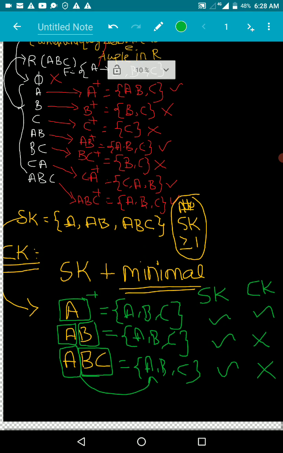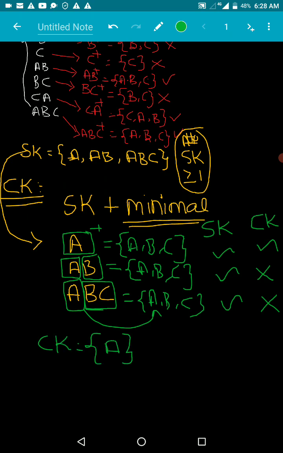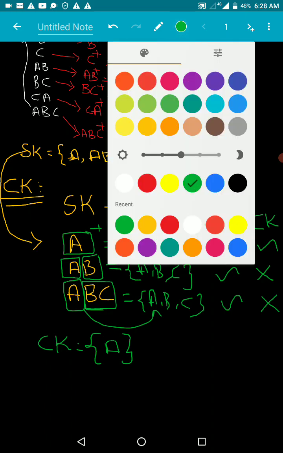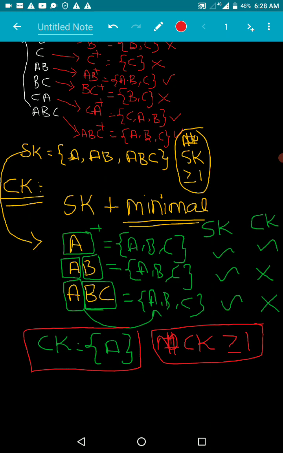Now we find that the only possible candidate key is A. Generally, the number of candidate keys of a given relation is always greater than or equal to 1. In this case, we have only one candidate key.